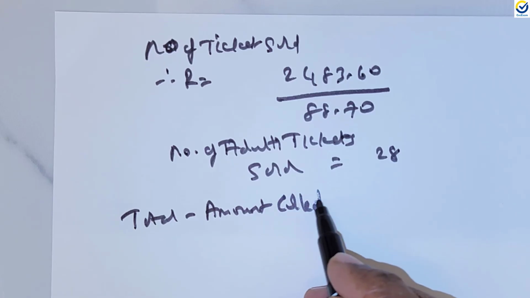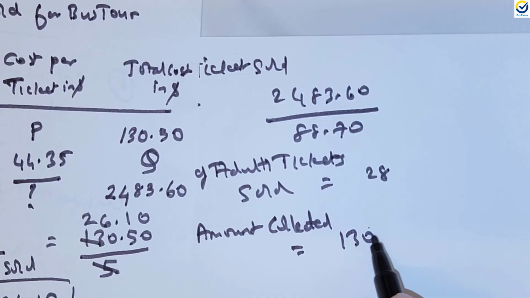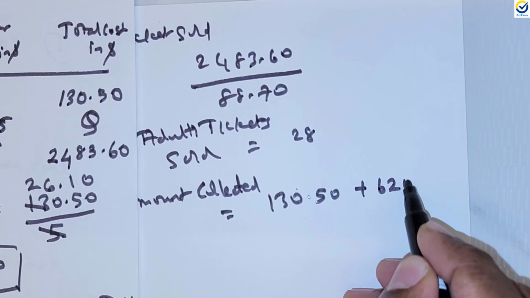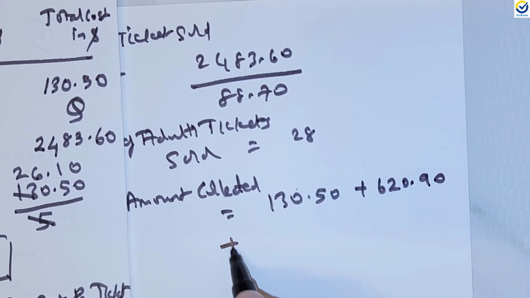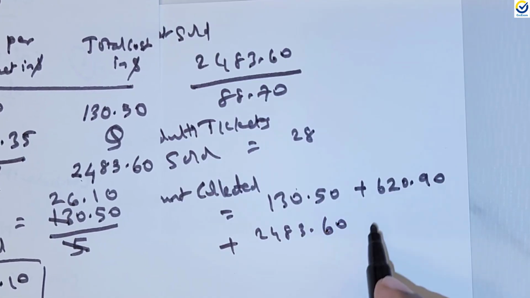So this is the last part, total amount collected. So the total amount collected is going to be 130.50, 620.90, and this is already given 2483.60. So you have to add all of this.